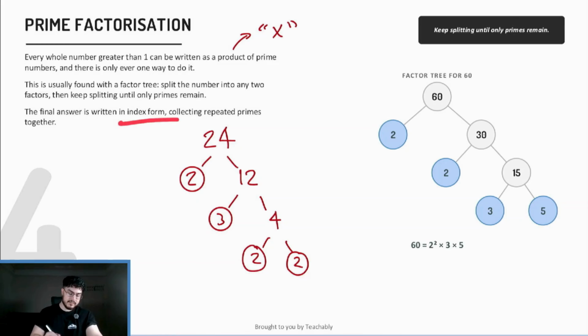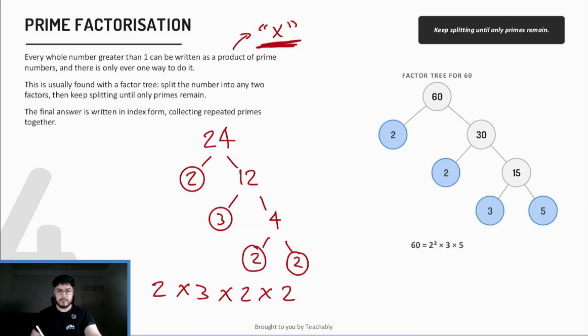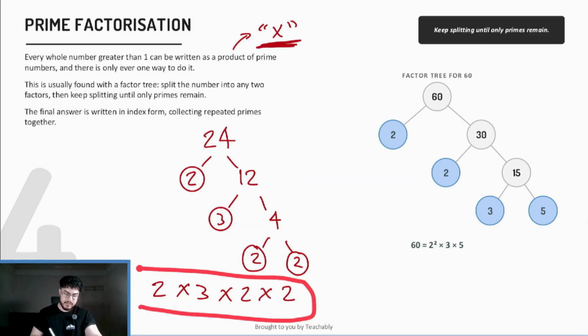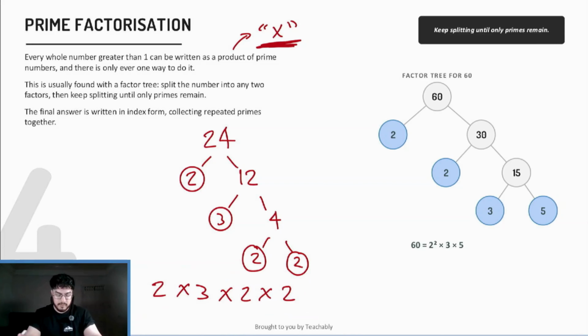When it says index form, what it means is you take all of the circled prime numbers and multiply them together. So we have 2 times 3 times 2 times 2. Now, if you go into your calculator, or if you do it in your head, you can very quickly see that 2 times 3 is 6, 6 times 2 is 12, 12 times 2 is 24.